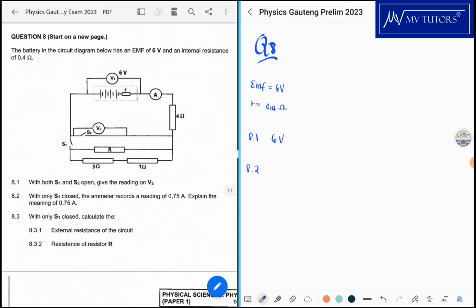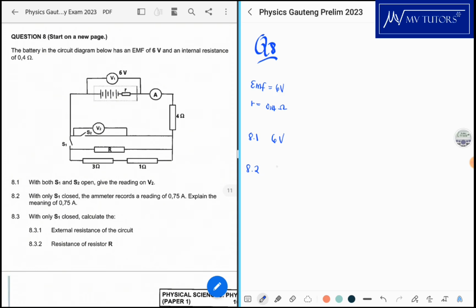And 8.2, with only S1 closed, so we still have S2 open, the ammeter records a reading of 0.75 amperes. Explain the meaning of 0.75 amperes.